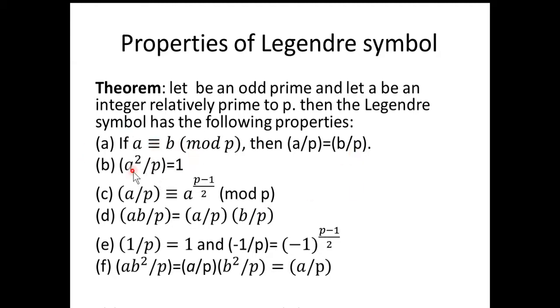And a square upon p is equal to 1. a upon p is congruent to a to the power (p minus 1) upon 2. ab upon p is equal to a upon p into b upon p. 1 upon p is 1. And minus 1 upon p is minus 1 to the power (p minus 1) upon 2. And a b square upon p is equal to a upon p and b square upon p, and b square upon p from this will be 1. So this is equal to a upon p.